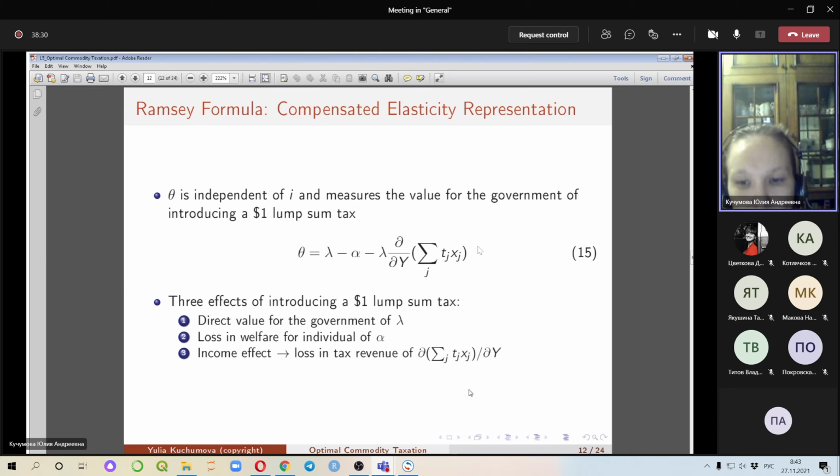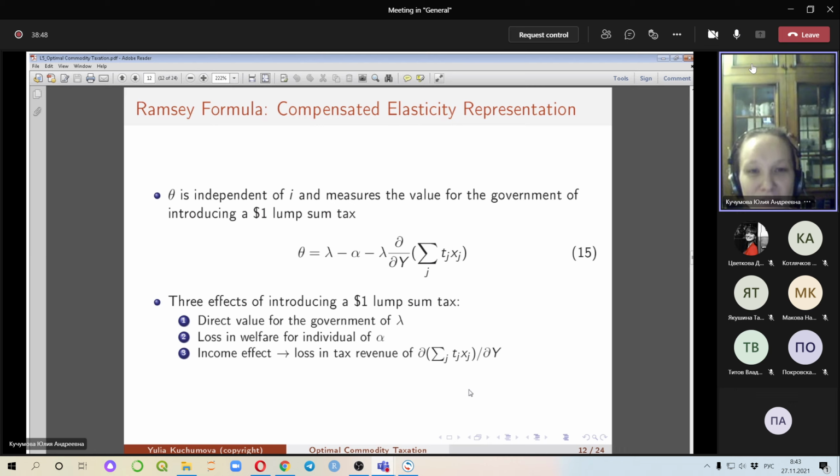In this model, we use only consumption taxes.